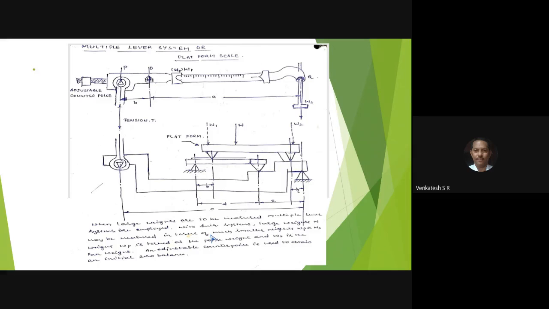Explain briefly with neat sketch multiple lever system or platform scale. Put a question mark. Continue the question: list the applications.